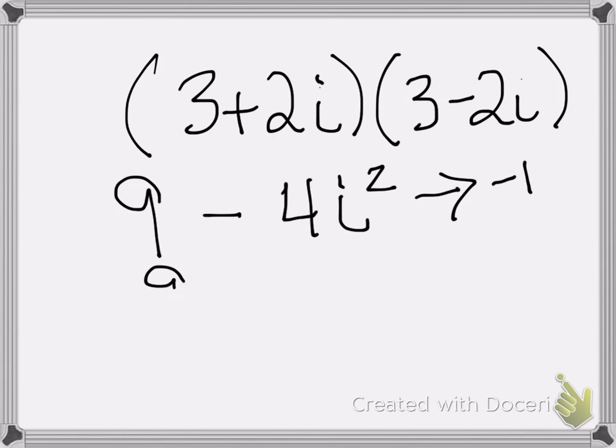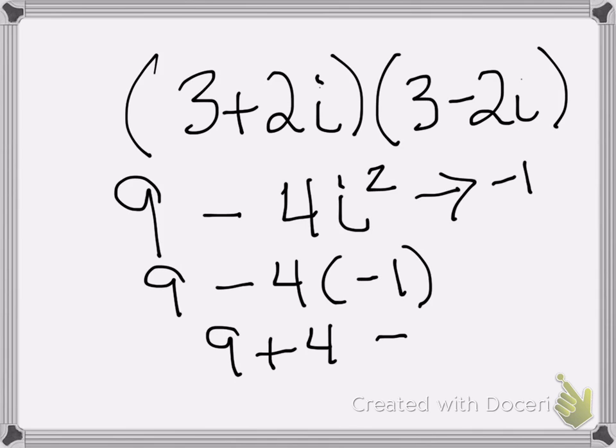Okay, so I'm going to make that 9 minus 4 times negative 1. So that's really just 9 plus 4, which simplifies to 13. Okay, and you don't have to put 13 plus 0i, but you can see that because i squared is negative 1, you make that replacement and you simplify it to 13.